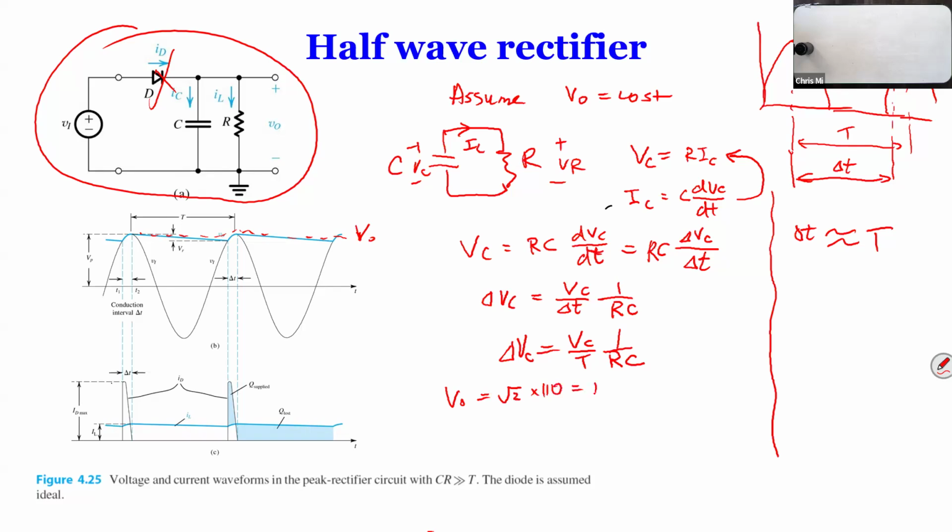So it's roughly 141, 155 watts. And our T is equal to 1 over F, which is 1 over 60. That gives you roughly 17 milliseconds.